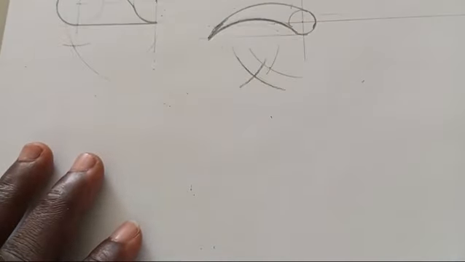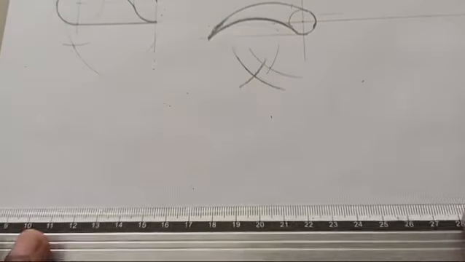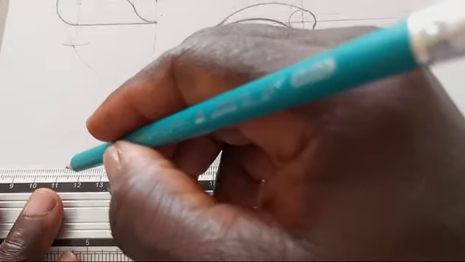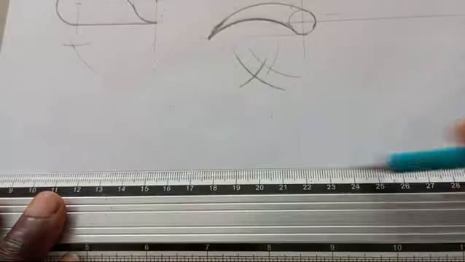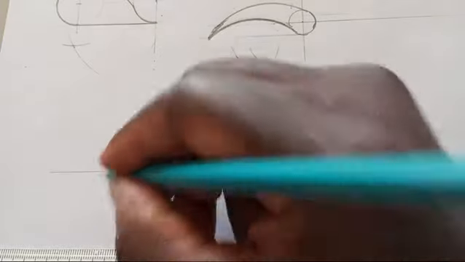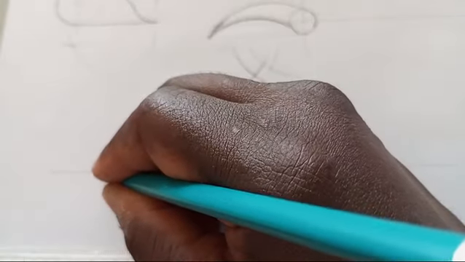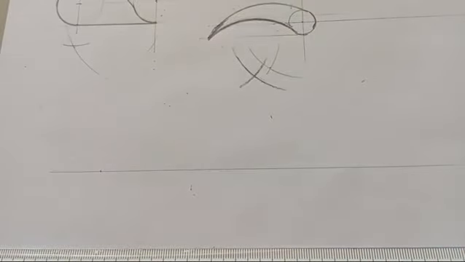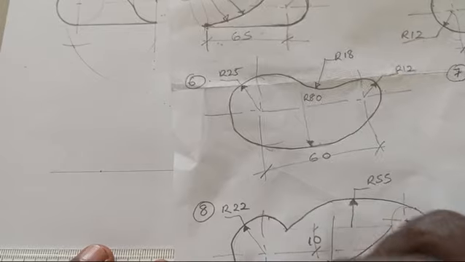We'll measure 75 and draw a horizontal line. I'll pick a point, let me pick this place. Then I'll draw the circle of radius 22.